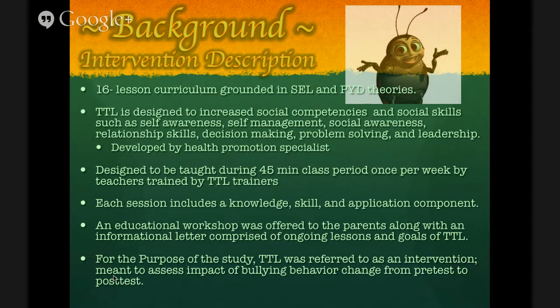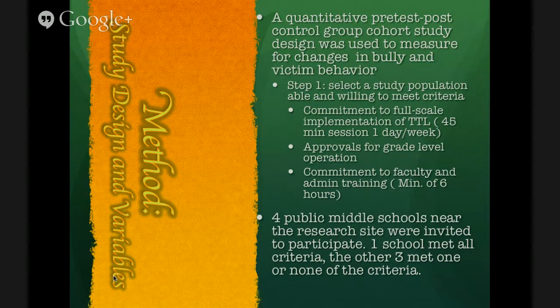An educational workshop was offered to the parents along with an informational letter comprised of ongoing lessons and goals in the TTL program. For the purpose of this study, TTL was referred to as an intervention as it was meant to assess the impact on bullying behavior change from the pre-test to the post-test.